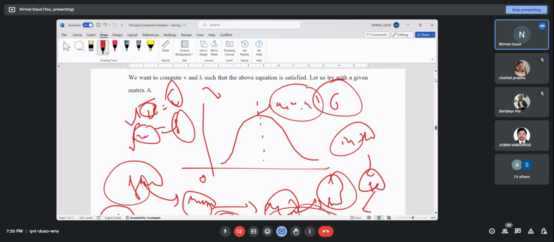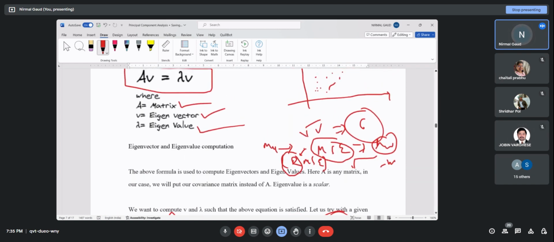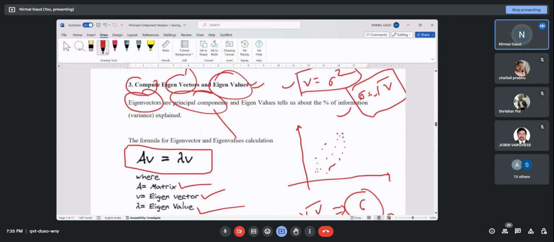Okay, so yeah, sure. So a very important discussion related to the standard deviation and the variance, and we are going to cover it again in our statistics part. Right now I'm having AV equal to lambda V. V is my eigenvector. Vector means this is the principal component. ये जो vector है यही component है, इसी के about I need to project the data.